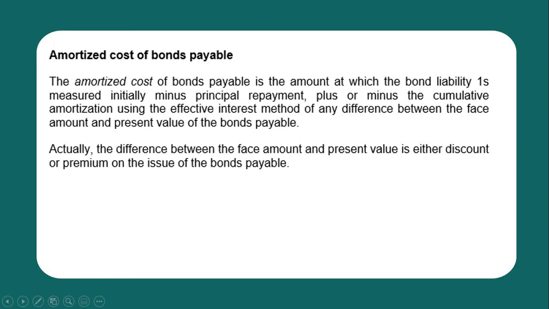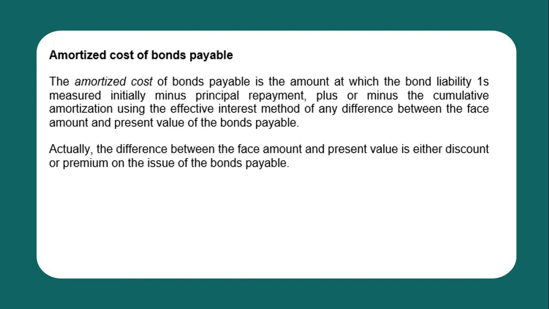Okay, let me go through that once more. When we get the amortized cost, we will start with the initial measurement of the bond liability. So how do we measure initially the bond liability? That is fair value less transaction cost. That is the initial measurement.